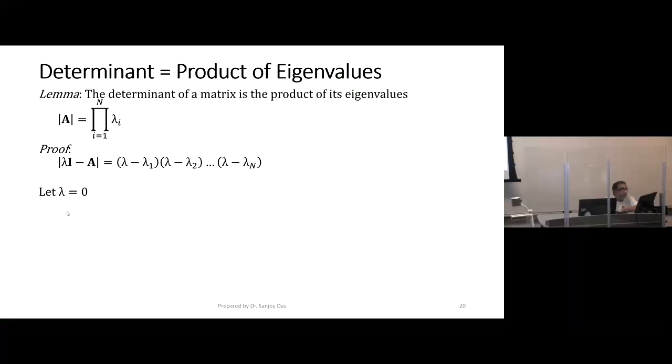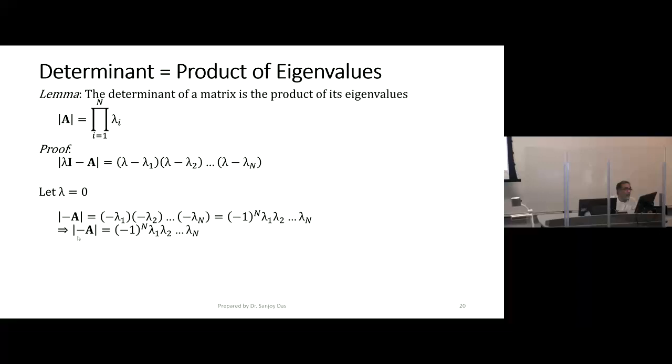Let lambda equal 0. Then what will happen? On the left hand side, I get the determinant of negative A. And on the right hand side, I have negative lambda 1 times negative lambda 2 and so on, which is negative 1 to the n times lambda 1, lambda 2, the product of the eigenvalues.